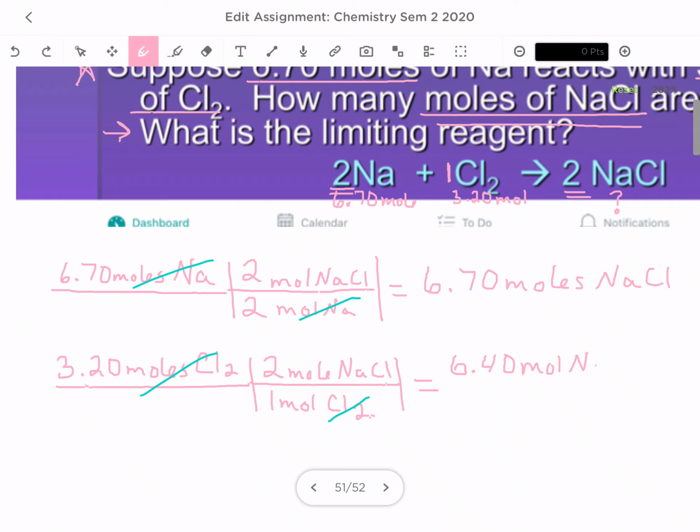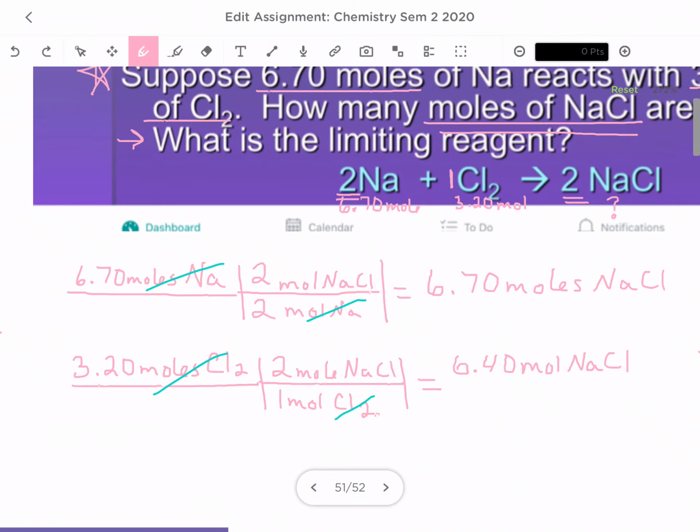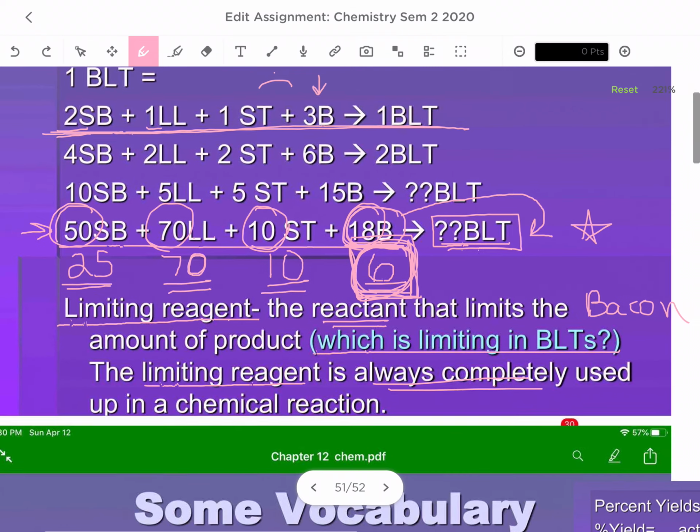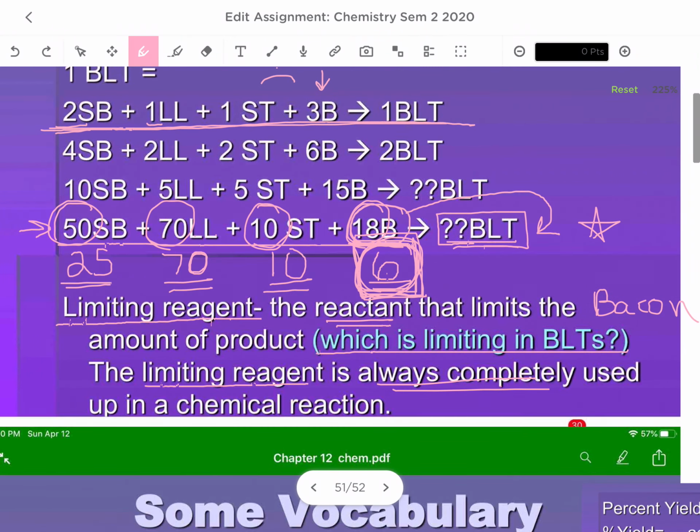moles of NaCl. Now, if we look back here, when we were making BLTs, if you look at this line right here, we could make 25, 70, 10, or 6. We have to pick the smallest answer.